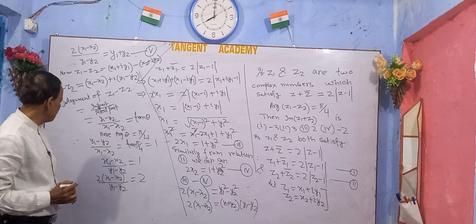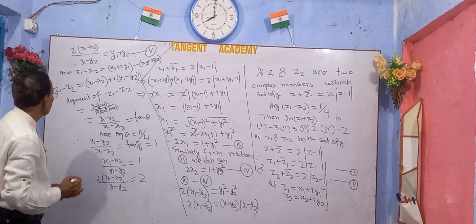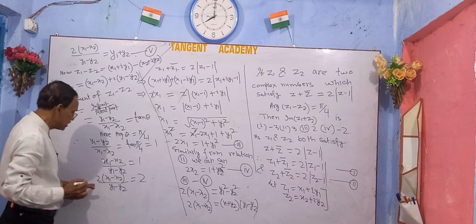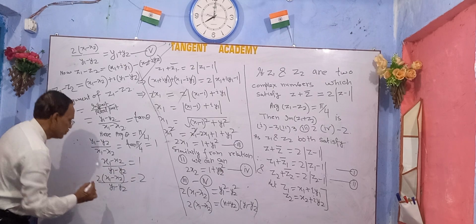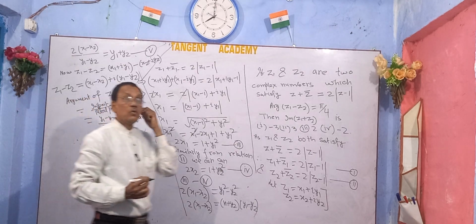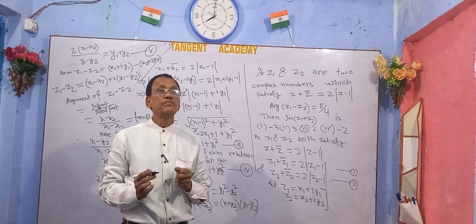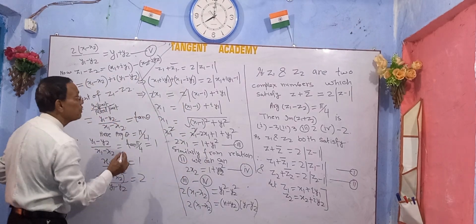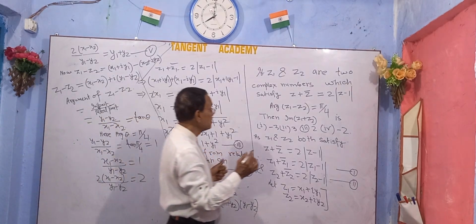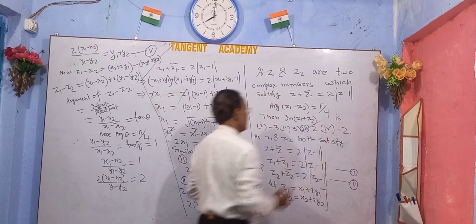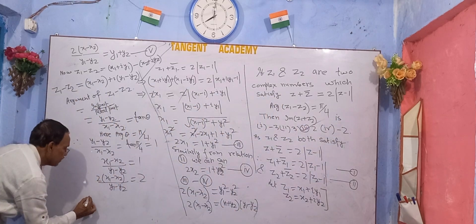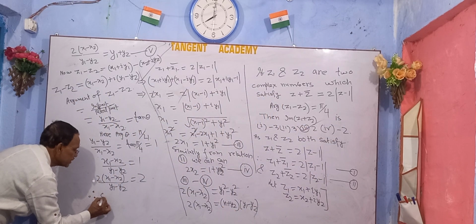The imaginary part of z1 plus z2 is 2. Therefore, option 3 is correct.